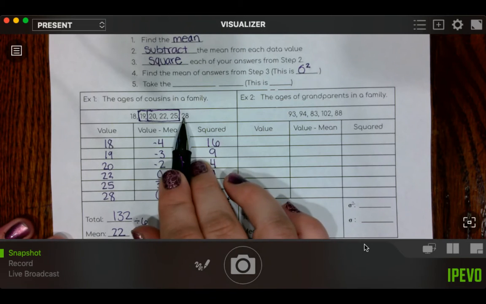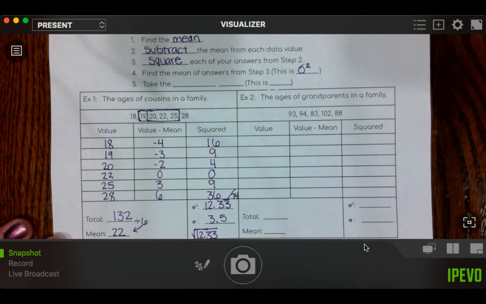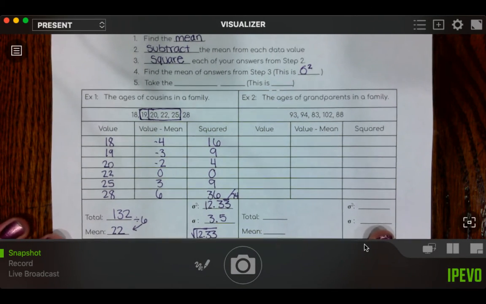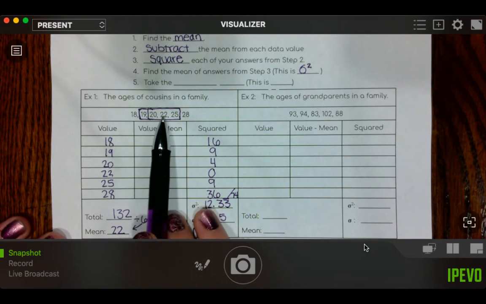And 28 is 6 away. It definitely doesn't fit within 3.5. So it's saying that the average distance from the mean, which is 22, is 3.5.